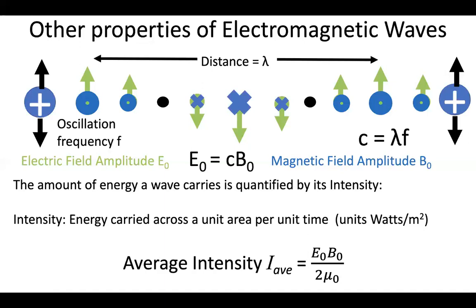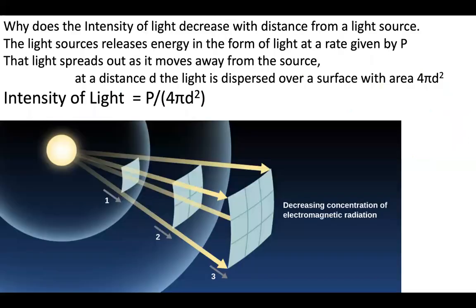One thing to be clear about is that in typical cases, the intensity of electromagnetic waves falls off with distance from the source. And there's good reasons for that. If you have a source of electromagnetic radiation, be it a light bulb, be it a star, be it anything, that thing is producing light.